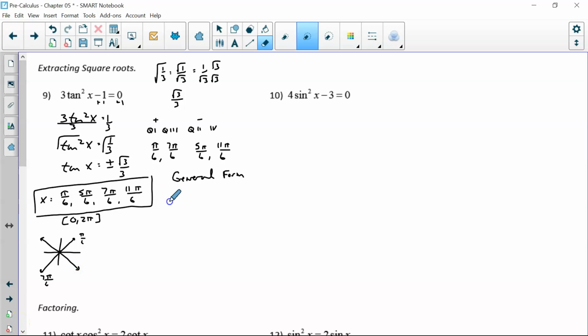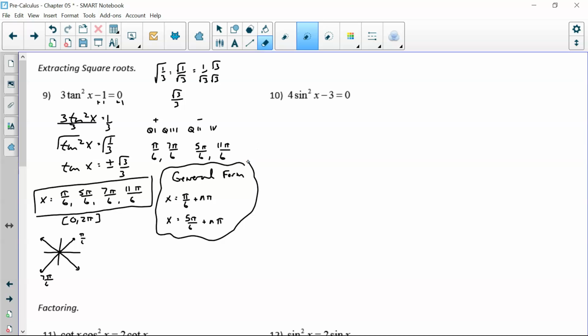For our positive solutions, x equals pi over 6 plus n pi. That's going to get us those positive solutions. For the negative ones, x equals 5 pi over 6 plus n pi. And there are our solutions in the general form.